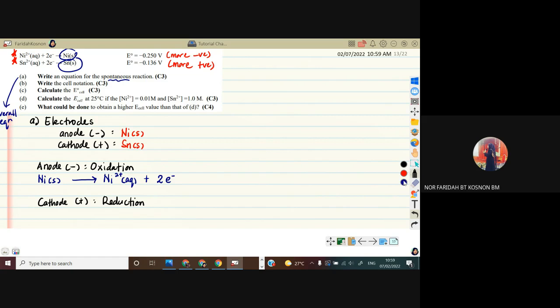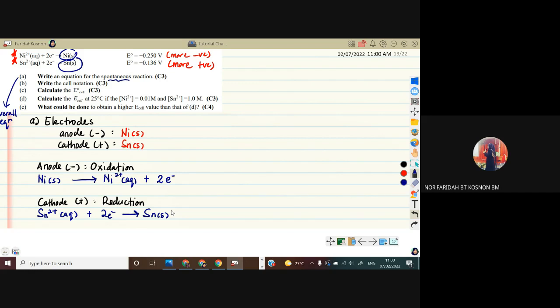So the species that undergoes reduction at the cathode is tin ion. So tin ion yang ada dalam electrolyte itu accepts or gains 2 moles of electrons and deposits as tin solid. Dia hasilkan tin solid which is deposited, terenap pada electrode tin itu sendiri di cathode.